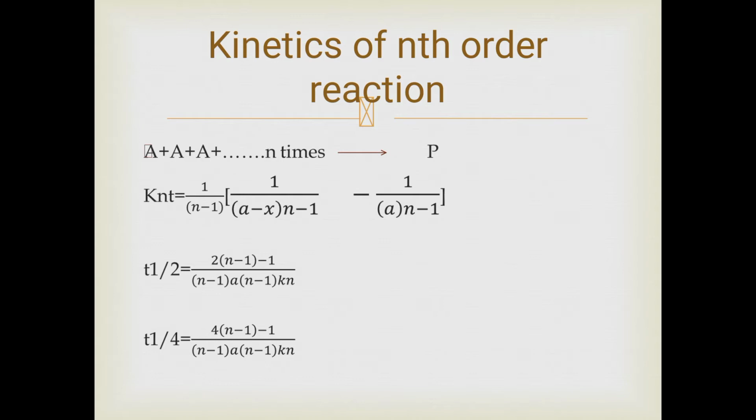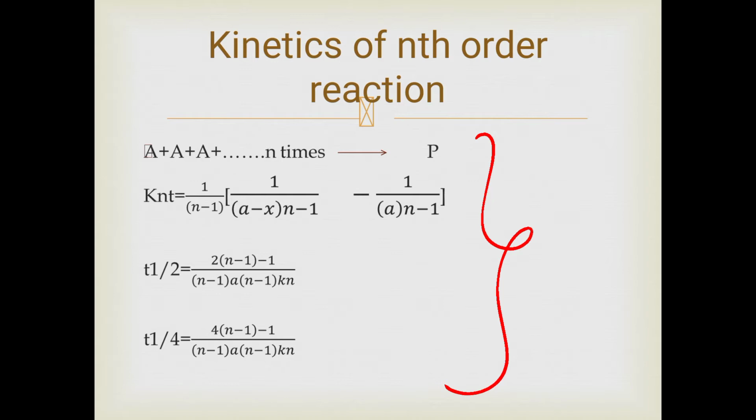Now, we have studied all the formulas for zero order, first order, second order. But if you want to find them for any other order besides this, or even for second order for that matter, you can remember these general formulas. If you remember these general formulas and substitute that particular order number, you will get your formulae.